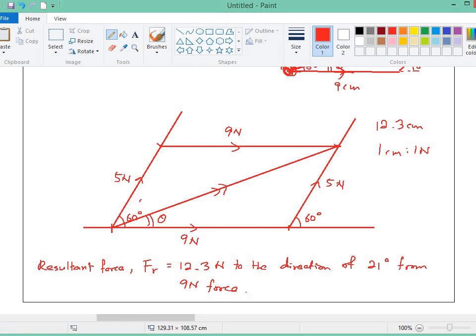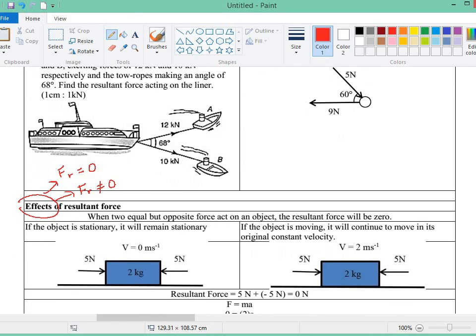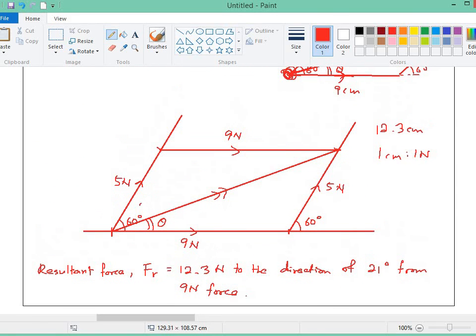Okay, if the resultant force is not equal to 0, then we can calculate the acceleration. Effect of resultant force, we can have two situations. First is the resultant force equal to 0. Second is resultant force not equal to 0. If resultant force not equal to 0, then the object will experience acceleration in a certain direction.